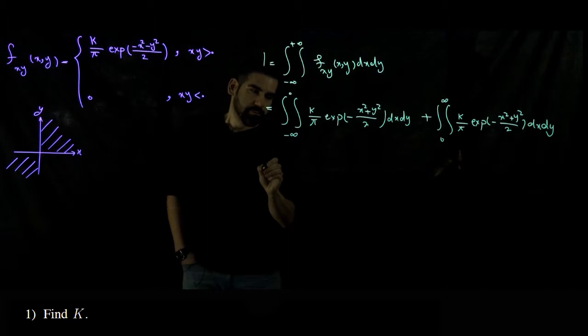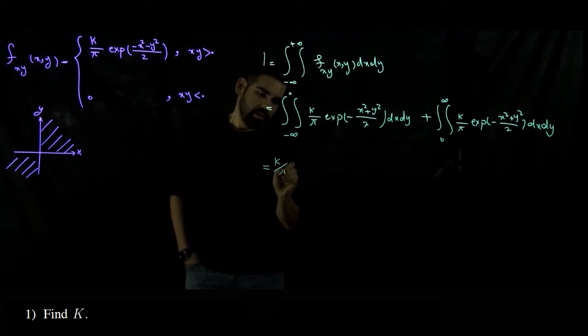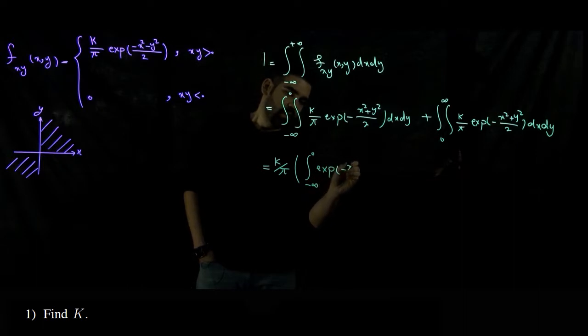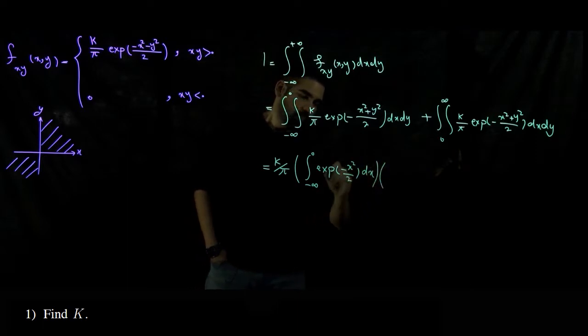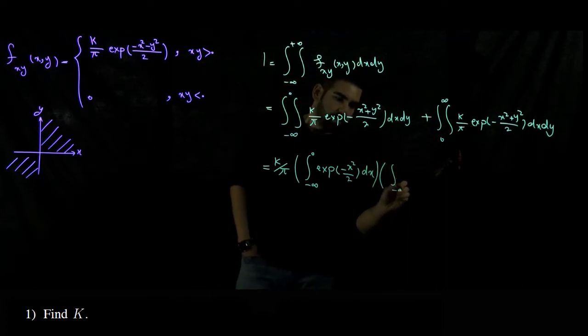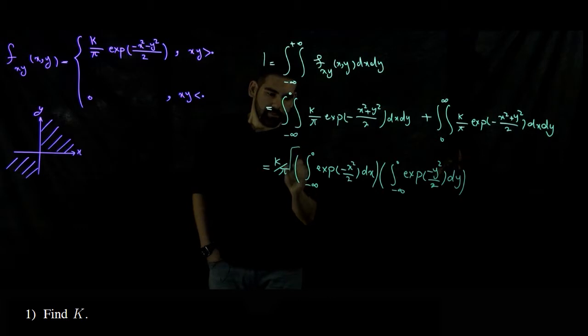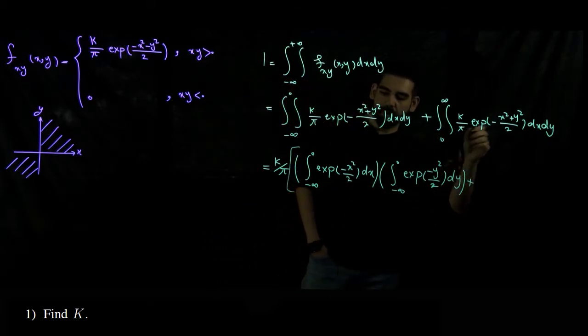So we can write this equals k over pi, the integral from minus infinity to 0 of exp minus x2 over 2 dx, multiplied by the integral from minus infinity to 0 of exp minus y2 over 2 dy, plus similar calculations for the other term.